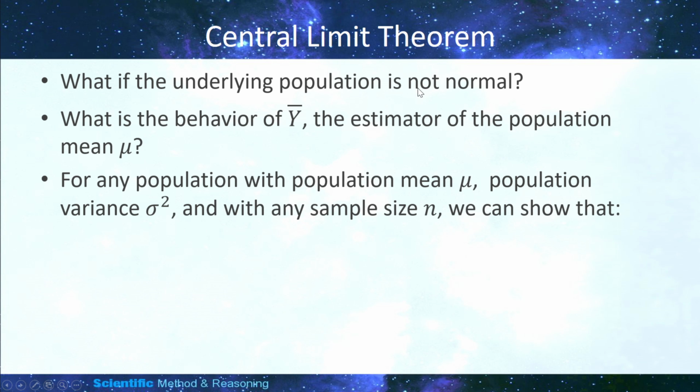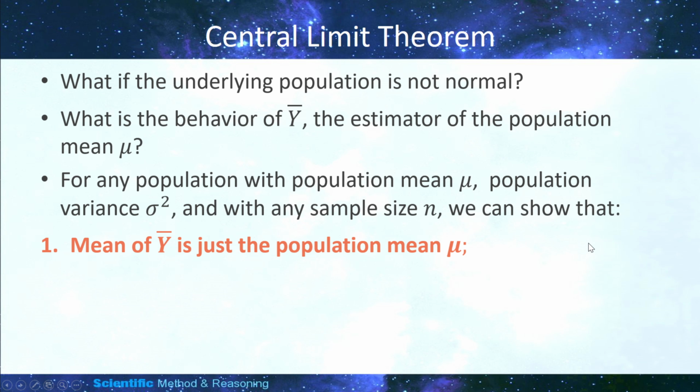Then we have the most important theorem in statistics, which is called the central limit theorem. It says that for any population with population mean mu, population variance sigma squared, and with any sample size, we can show that the mean of the sample mean is just the population mean mu, and the variance of the sample mean is sigma squared over n.